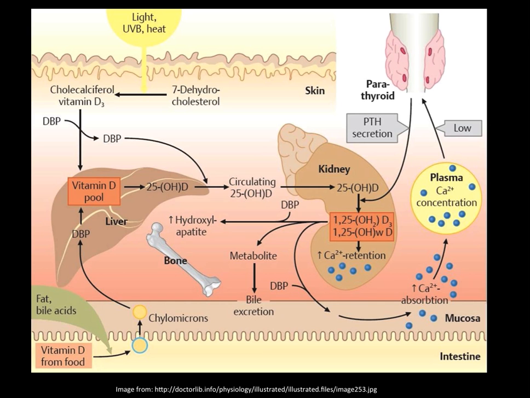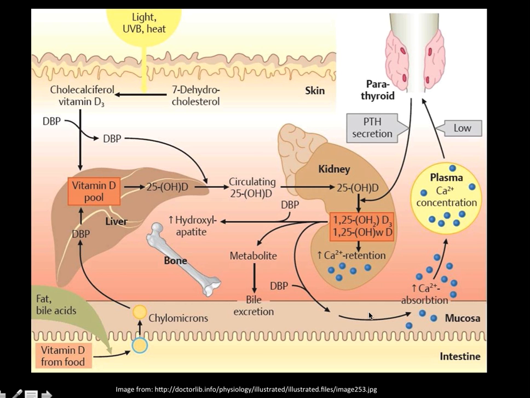Now let's just have a quick look at how this actually happens. Here's UVB light, it comes down, and it causes cholesterol to form this vitamin D3, which goes through the liver where it picks up a hydroxyl group, then it goes into the kidney. We said before that parathyroid hormone secretion is going to catalyze the conversion of this inactive vitamin D to this active form, which is referred to as dihydroxycholecalciferol.